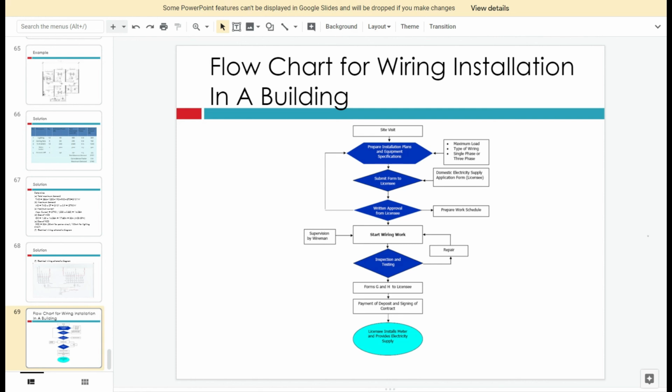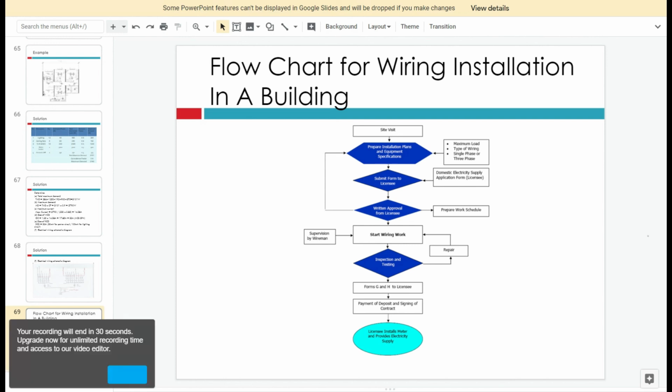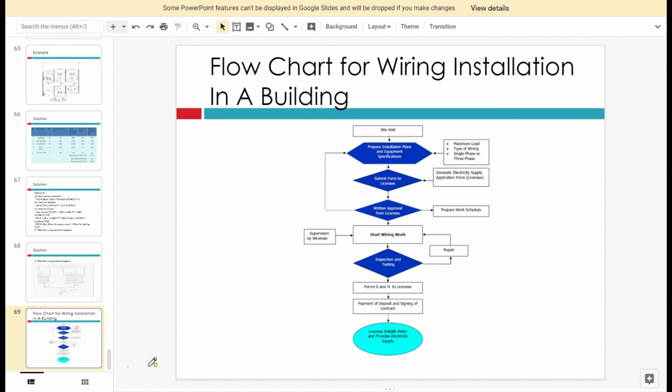And then after that, when the TNB receives the fees from you, the authority, which is the TNB, will install the TNB meters and also will provide the electricity for you.